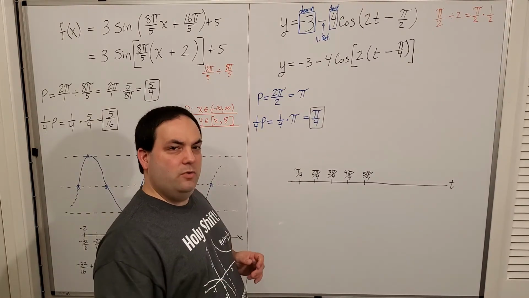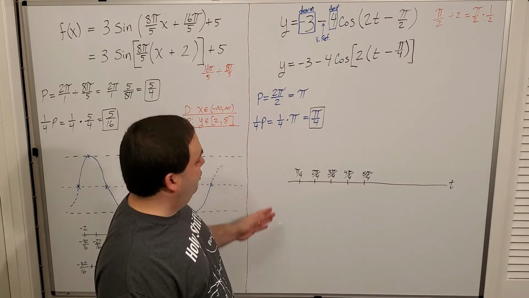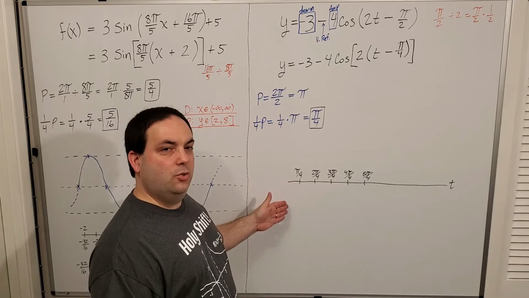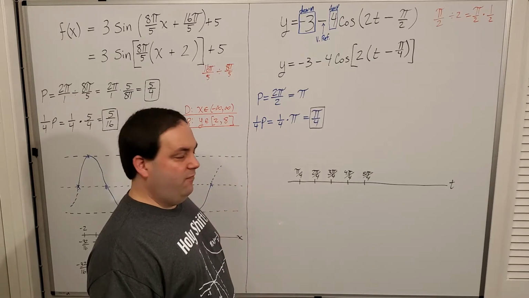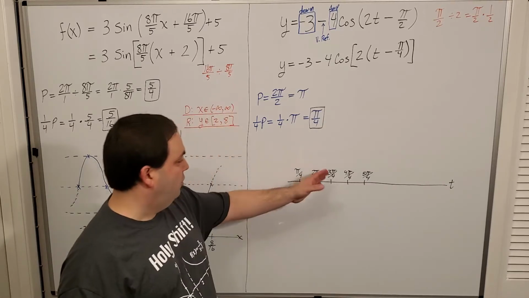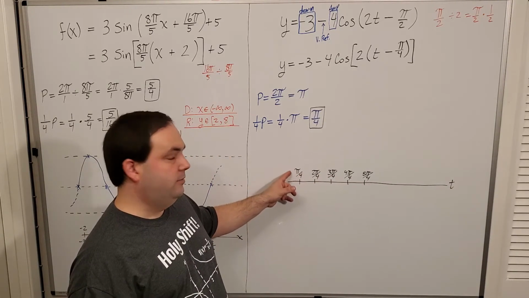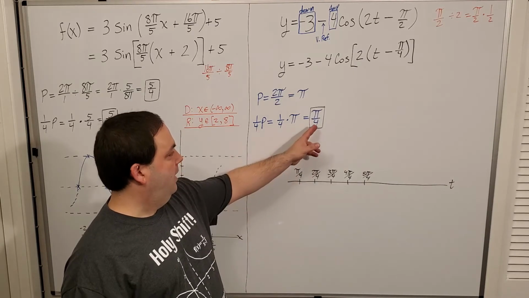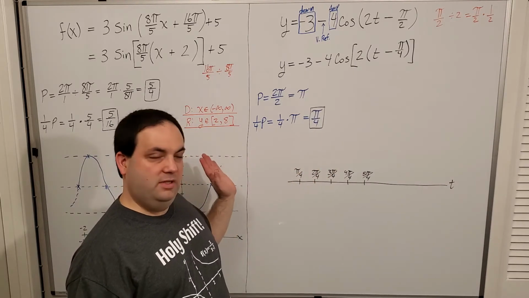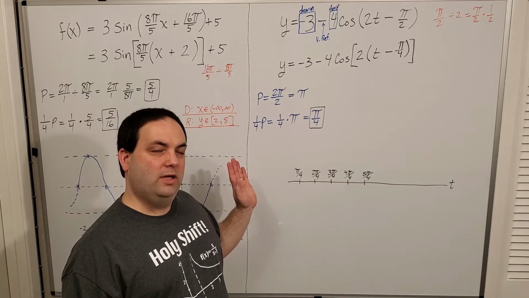Incidentally, on a side note, you don't actually have to put your y-axis intersecting your independent axis here. If it's too far away, let's say this was like 101 pi over 4, and I'm counting by 1 pi over 4 to the left, it would take way too long to get there.